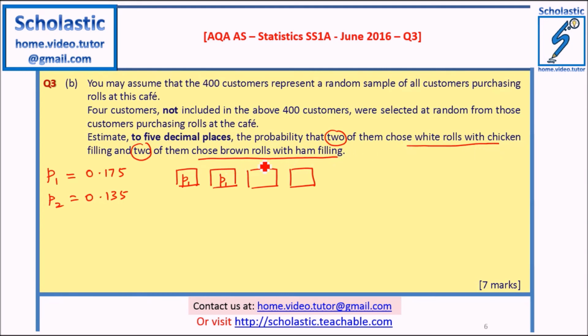This is an 'and' condition, therefore this is the multiplication of probabilities. So for the first two, P1 and P1, and then for the second two, the third person may be taking P2 and P2. That means he may be choosing a brown roll with ham filling, and the fourth one also a brown roll with ham filling. So what we get is P1 squared times P2 squared.